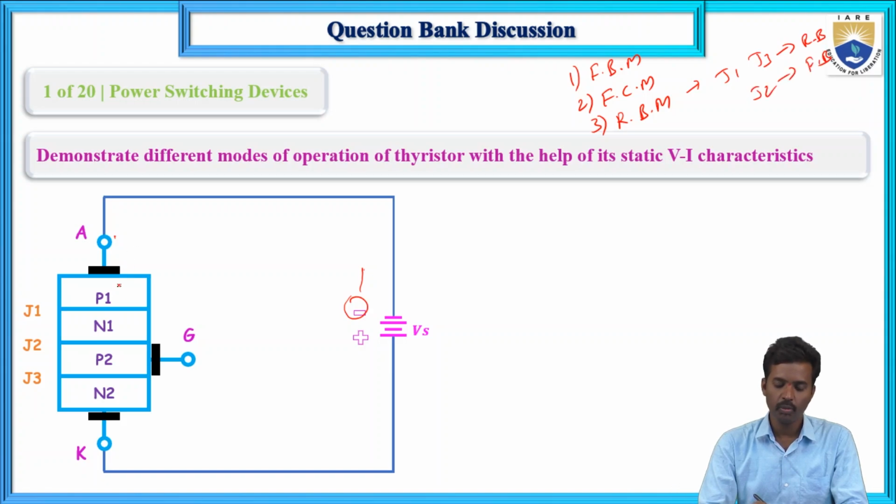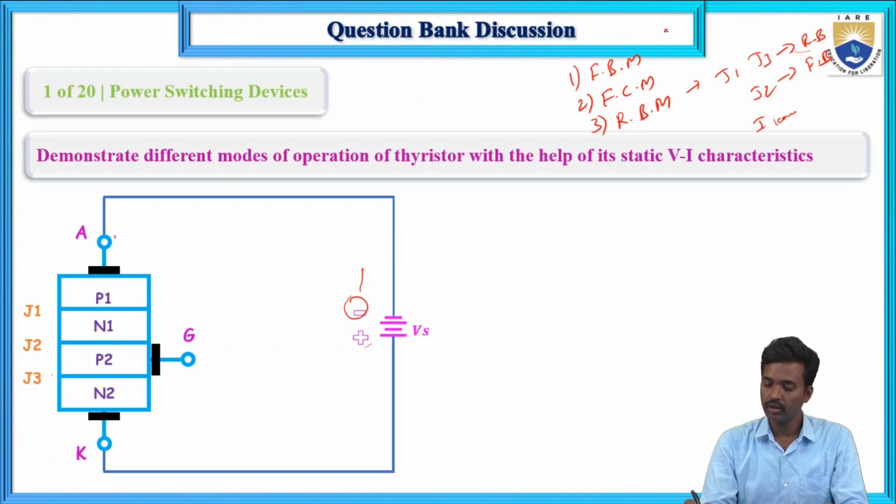A small amount of leakage current flows from anode to cathode. When this voltage increases to certain values, the J1 and J3 junctions will undergo avalanche breakdown, and a huge amount of current flows from anode to cathode. That I will explain in the static VI characteristics.